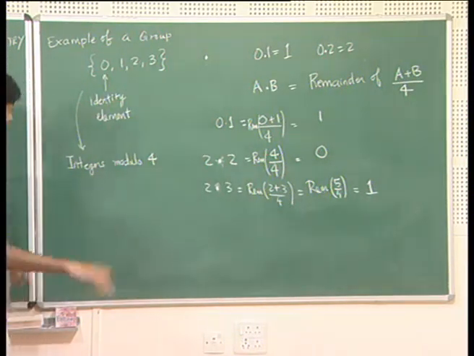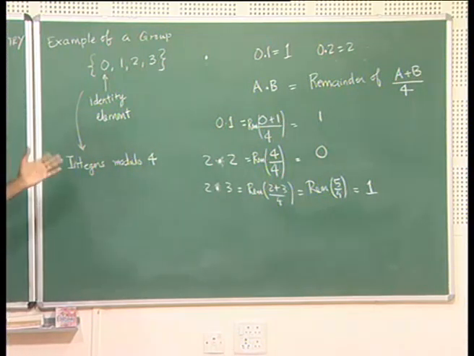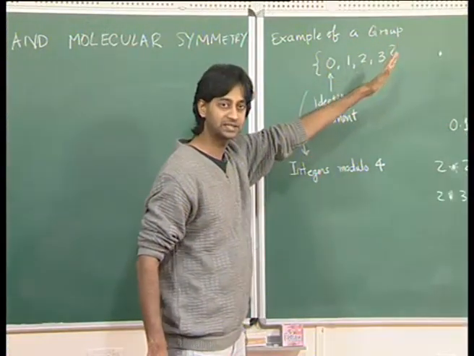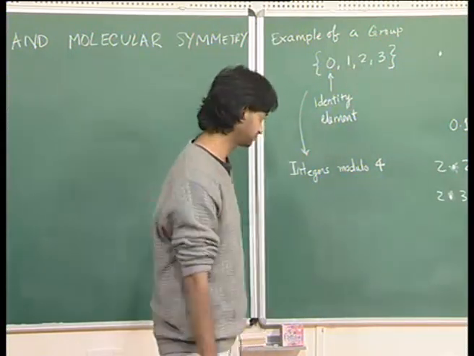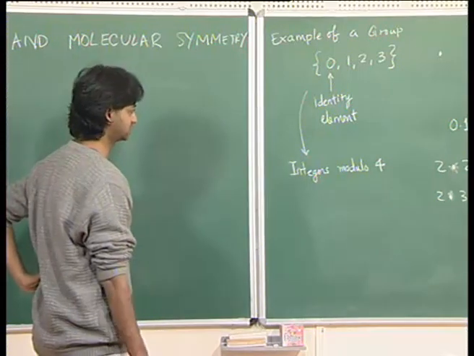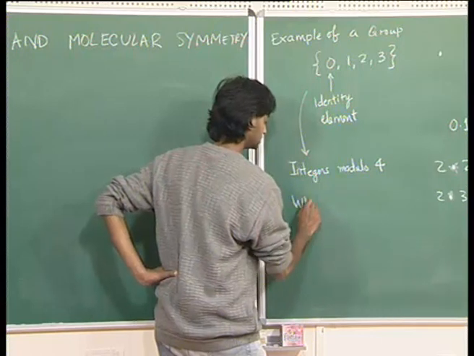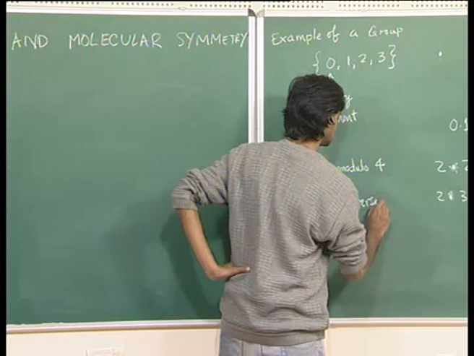Even if you had 75, when you do it modulo 4, you will just get 3, because 18 times 4 is 72, and the remainder is 3. So, you can take a number and keep adding it, and you will always get another element of this same set. This is called integers modulo 4. This forms a group. You can see. So what is the inverse of 0?